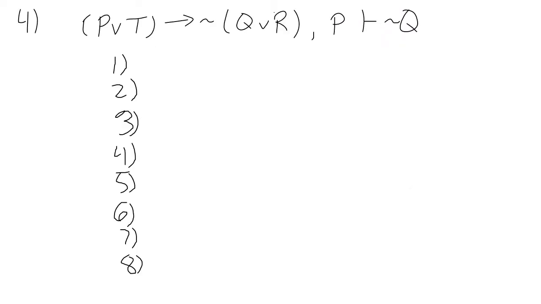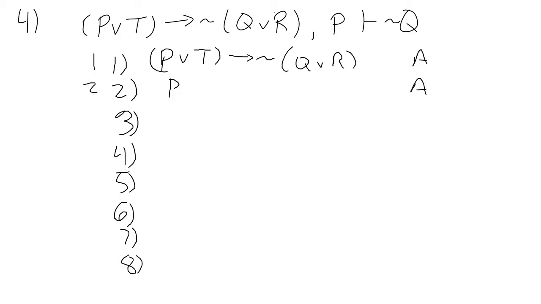Moving on to question 4, I guess problem 4. We have our premises here, and we've got our conclusion, which is a tilde Q, so I'm going to write its opposite. I'm just going to write Q by itself here, mark it as a PA, associated with line 3.